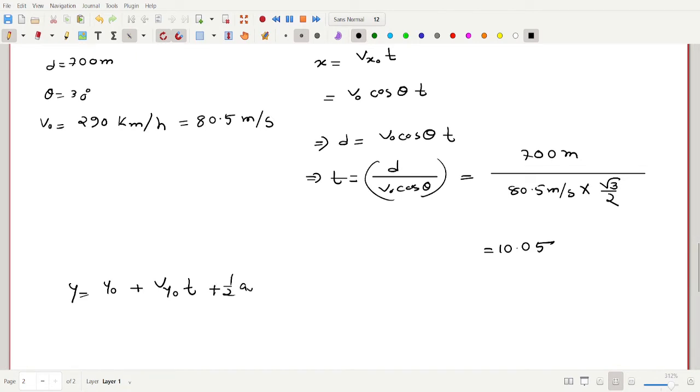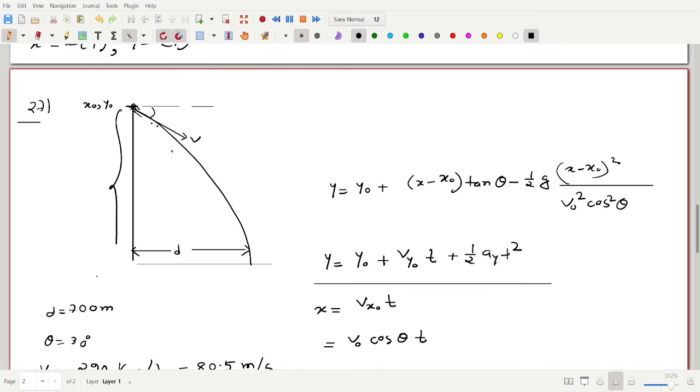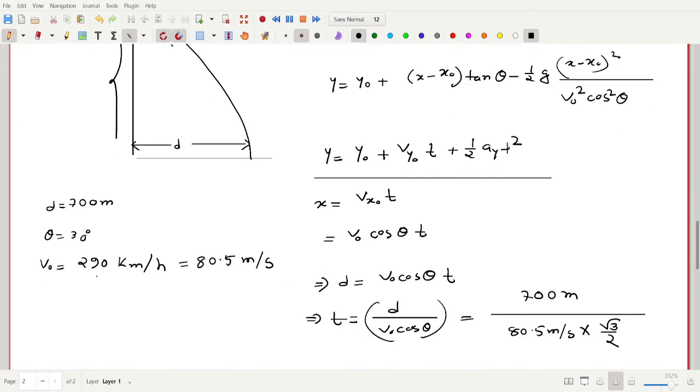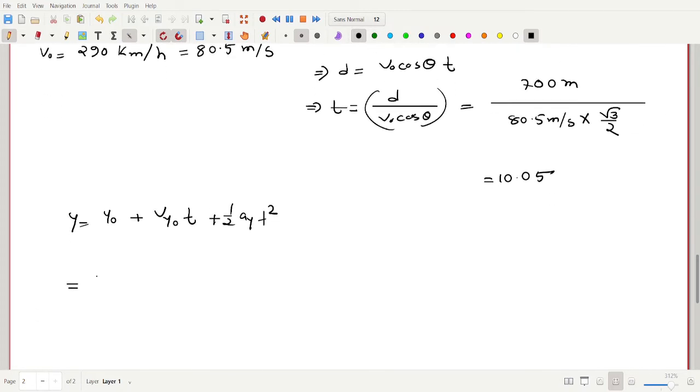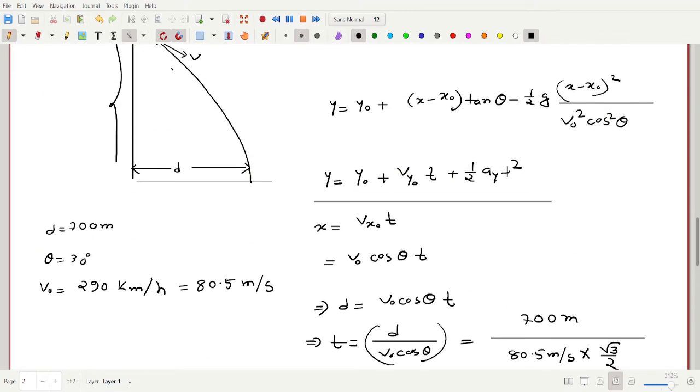Now the next one is vy naught t plus half ay t square. Look, we have assumed that the downward direction is the negative direction and the upward direction is the positive direction. So y naught will be... so we actually need... wait a second. What we want to calculate, we have calculated the time needed to reach this point.